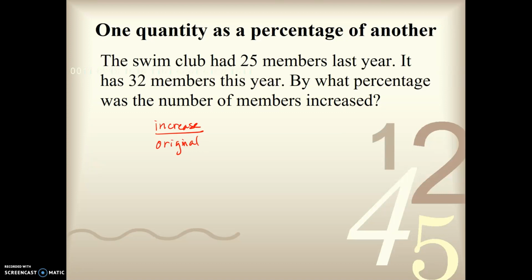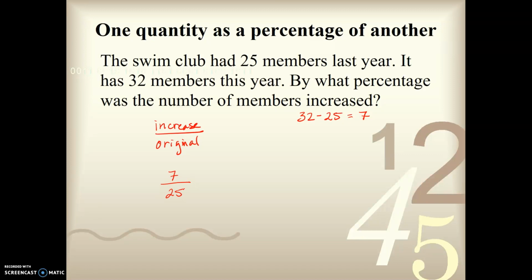So let's find out first by how many members the swim club increased. So I need to find the difference. So I'm going to take the number of members now, and I'm going to subtract the number of members last year. So 32 minus 25, and of course I'm going to get 7. And that's what I'm going to put on my top for increase. My original number was 25, right?